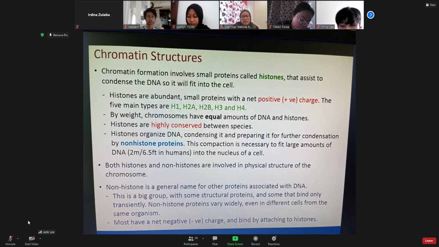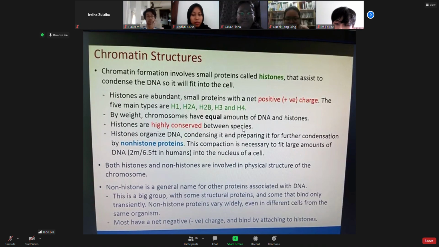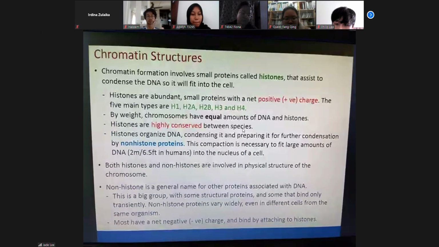Kalau tidak, dia akan loose. Dia akan rongga. Kalau dia tidak tarik antara satu sama lain. So, you see, so smart. Dia gunakan charge itu untuk menjadikan dia sangat-sangat padat. Okay, to condense them. So kita ada 5 main types of protein histone. Kita ada H1, H2A, H2B, H3 dengan H4.